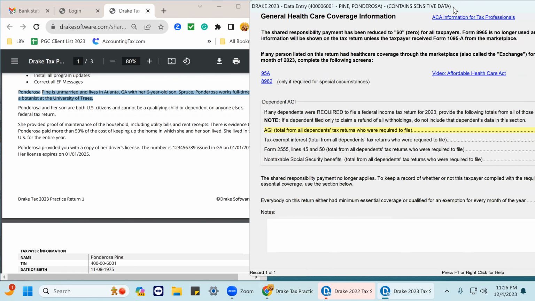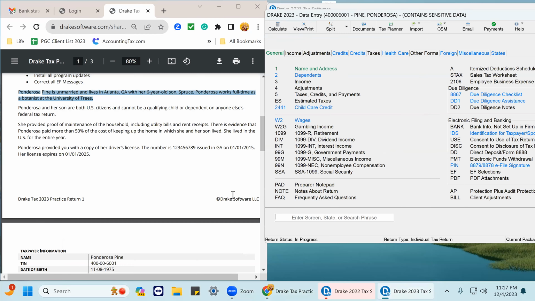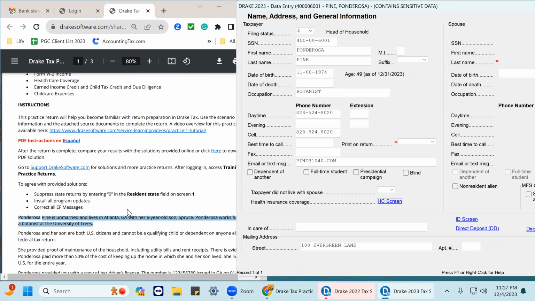I checked a little box right here. Yeah, that's all they have. Now, if you have Covered California, then they have to provide you a 1095-A. But in this situation, they say they don't have a 1095-A to provide. Okay.